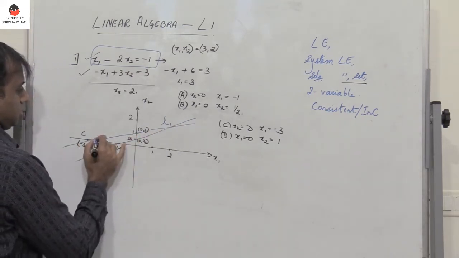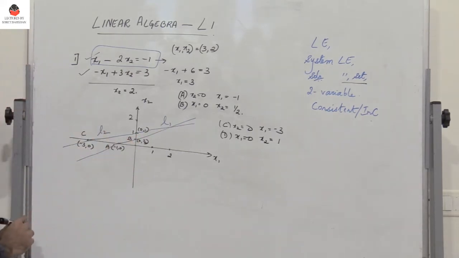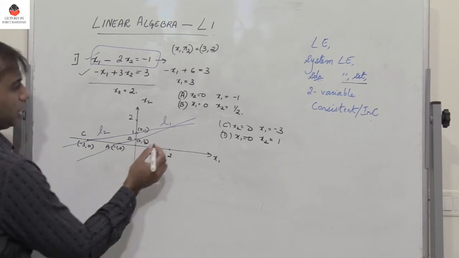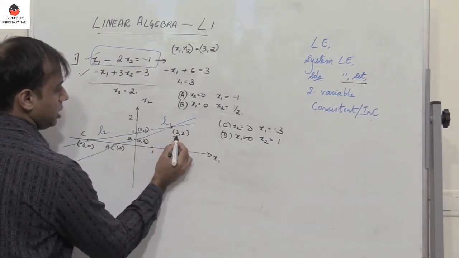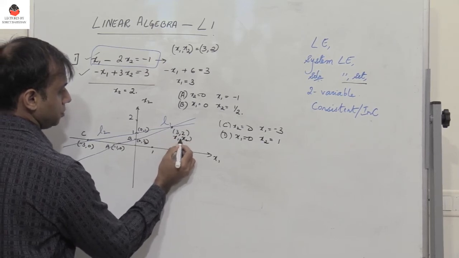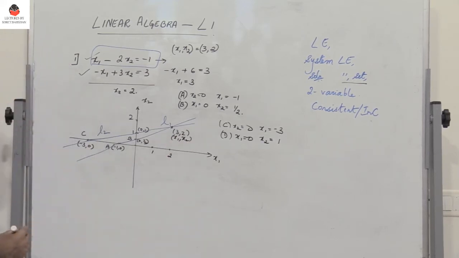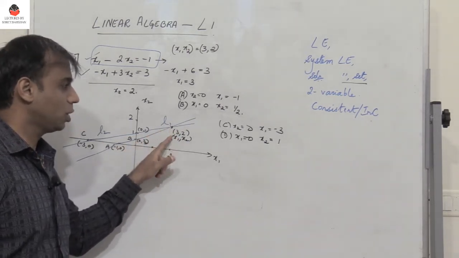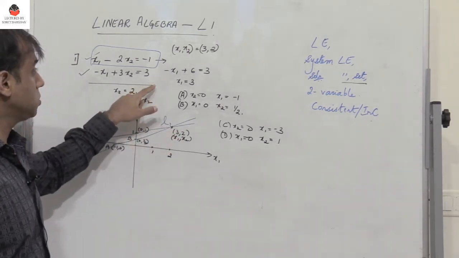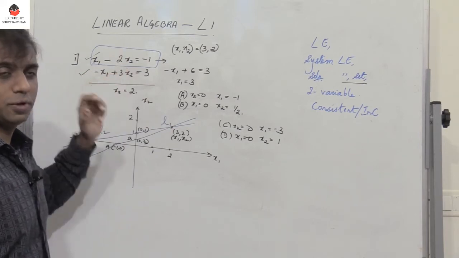So this is L2. Now we realize that L1 and L2 will intersect at a given point, and that point is nothing but 3, 2. So x1 is 3 and x2 is 2. What I have drawn is not to scale. So you can actually plot this on a graph sheet, and you will observe that these two lines will intersect at a point, and that point will represent the solution of the given set of two-variable linear equations.